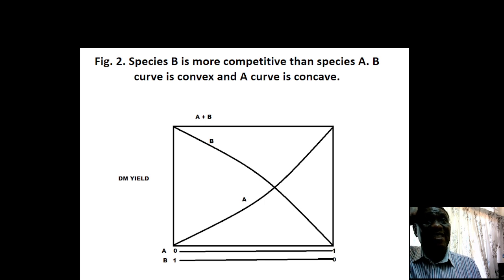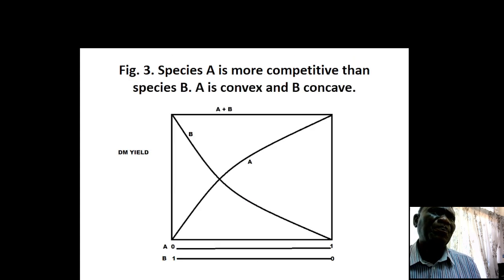That's what it means. So you just look at the shape of those lines representing your species. In that scenario, B is now concave, A convex, which means B is now less competitive, or A is now more competitive. It depends on the sort of outcome which you are likely to get.